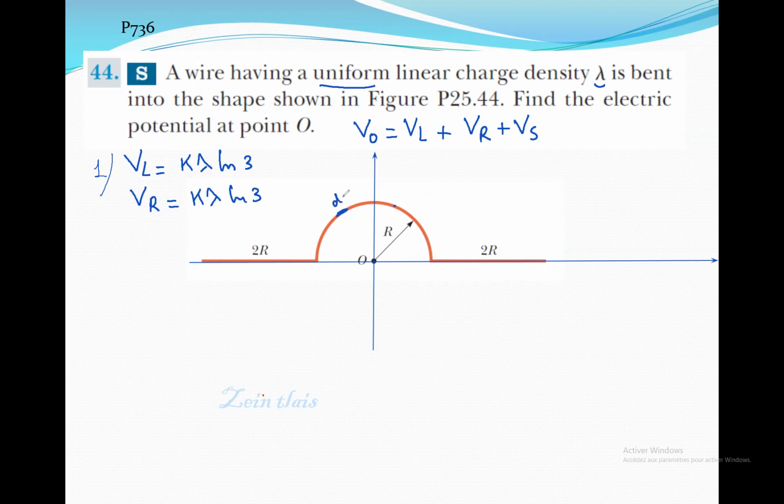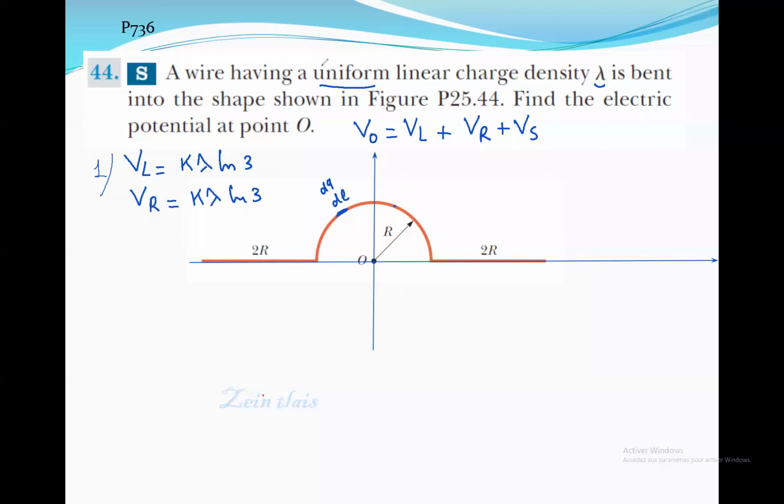Here we have dl, because it's not dx, it's not dy, it's dl. And we have dq on dl. Look here, V is not a vector quantity, it's a scalar quantity. We don't need to put a symmetric and x and y components. We have only scalar quantity without direction.